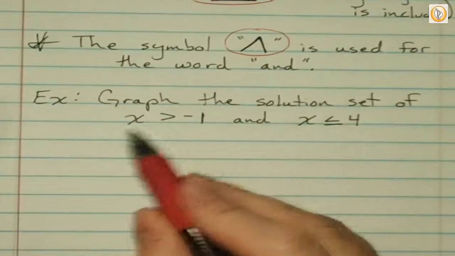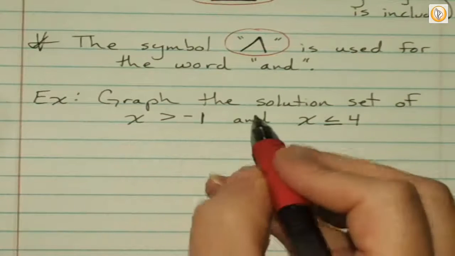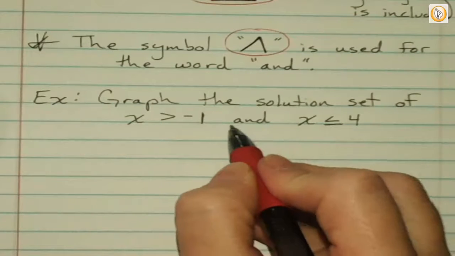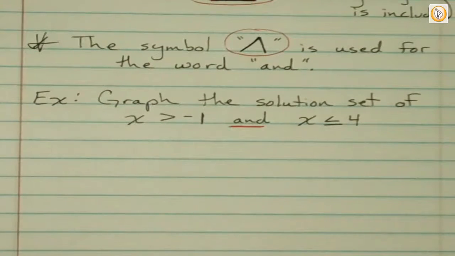So this is your problem. And they say and. That tells you that we're doing a conjunction. That tells you it's a conjunction, that word and.